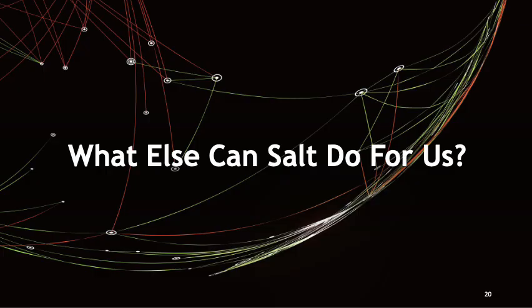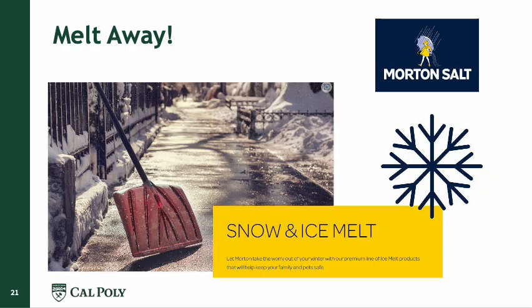So what else can salt do for us? We are in contact with salt daily. For example, one of the uses of salt, which is a salt that is not for food consumption, is to melt ice and snow during the winter, depending on the part of the US where we live.